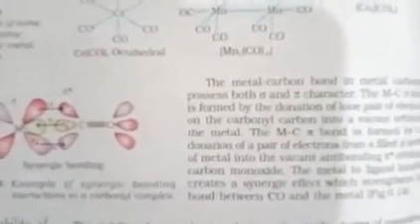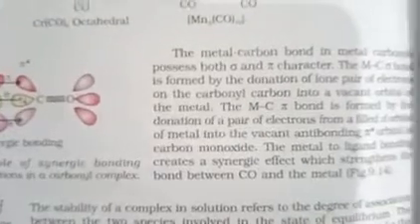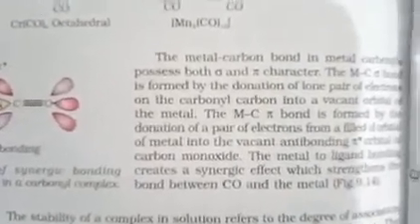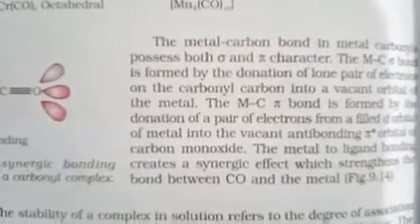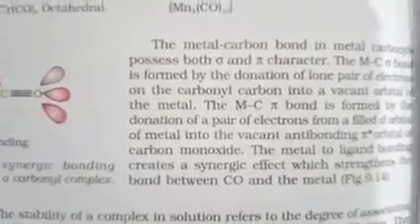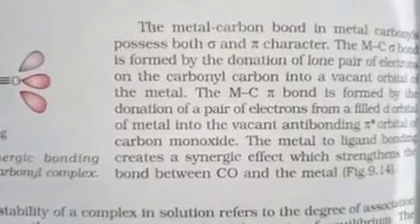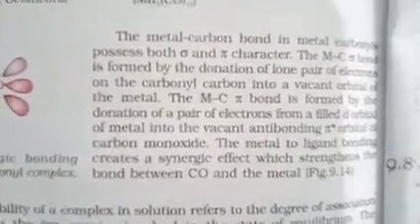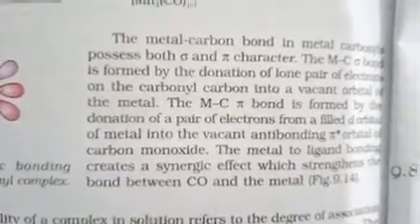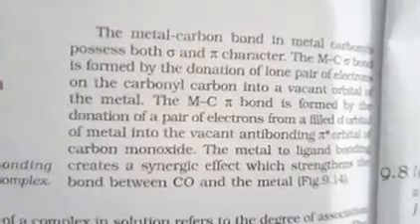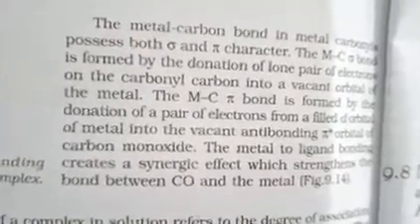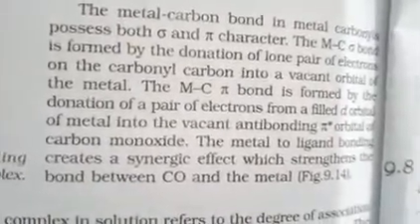The metal carbon bond in metal carbonyls possesses both sigma and pi character. The metal-carbon sigma bond is formed by the donation of the lone pair of electrons on the carbonyl carbon into a vacant orbital of the metal, whereas the metal-carbon pi bond is formed by the donation of a pair of electrons from a filled d orbital of the metal into the vacant antibonding orbital of carbon monoxide.